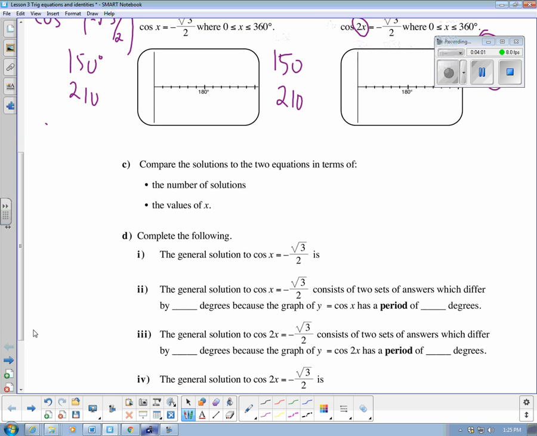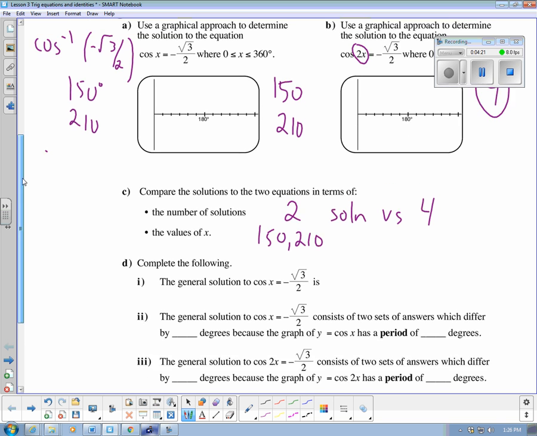Compare the solutions. There are 2 solutions versus 4. The values of x. Well, we haven't figured out those other values. Can you please find the other 2 values of x for this first example?